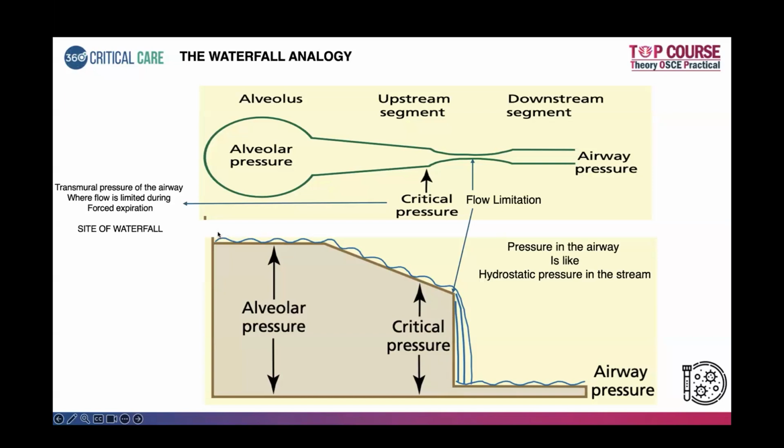The higher area seen over here is the distal alveoli, where the intrinsic PEEP is predominantly present. And this area over here is the proximal airway, where once the gases have passed through the flow limitation, they have entered into the low pressure area.